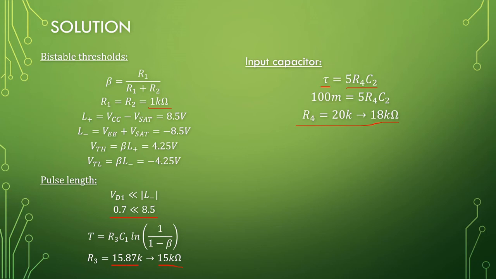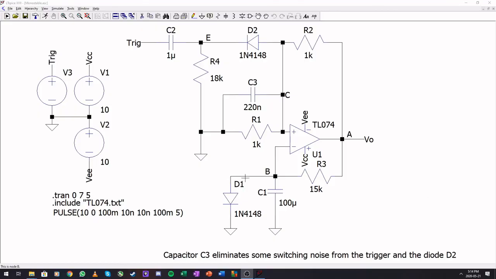Let's hop over to the simulation and see what happens. So here is my simulation. 1 microfarad, 18 kilo ohms. 1K, 1K, 100 micro, 15 kilo ohms. I use the plain signal diode here. You'll notice that I added the extra capacitor in here. I'm going to remove it.